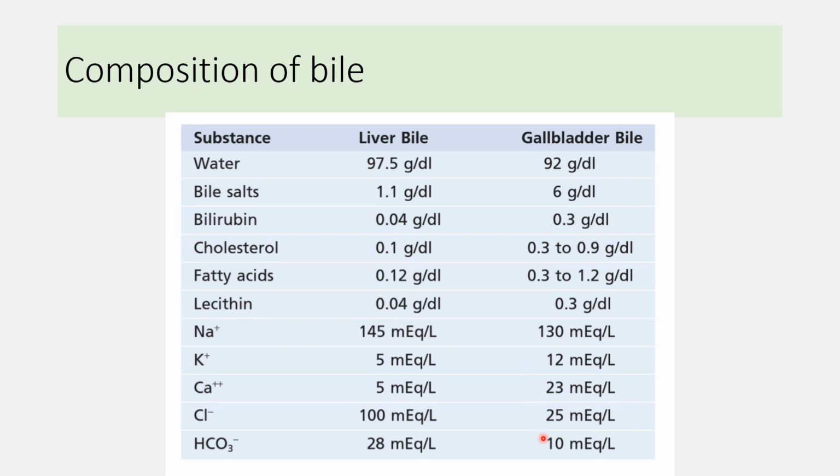So the concentration of chloride and bicarbonate also decreases in the gallbladder bile, which is followed by reabsorption of water according to its osmotic gradient. So the concentration of water also decreases, which concentrates the remaining components like bile salt, bilirubin, cholesterol and fatty acids. So the concentration of all these components increases in the gallbladder bile.